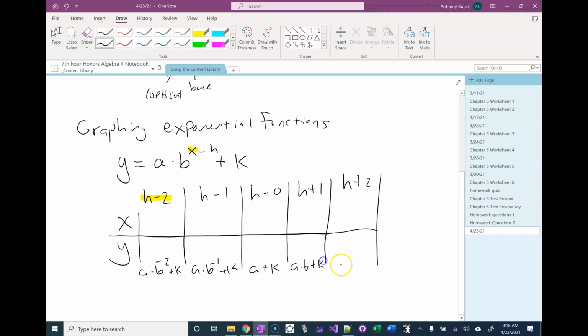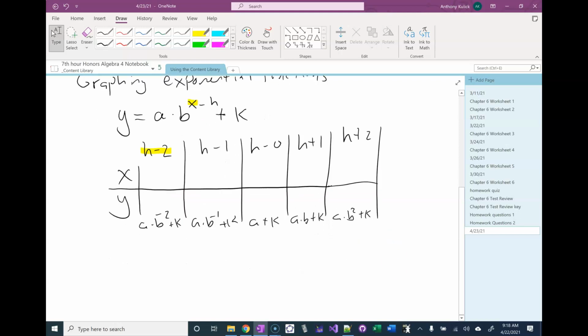We know that from last section. So you could plug in the x values to find the y's, or you could use that little formula to calculate them. It doesn't really matter. So that's going to be how we're going to find our exponential functions.